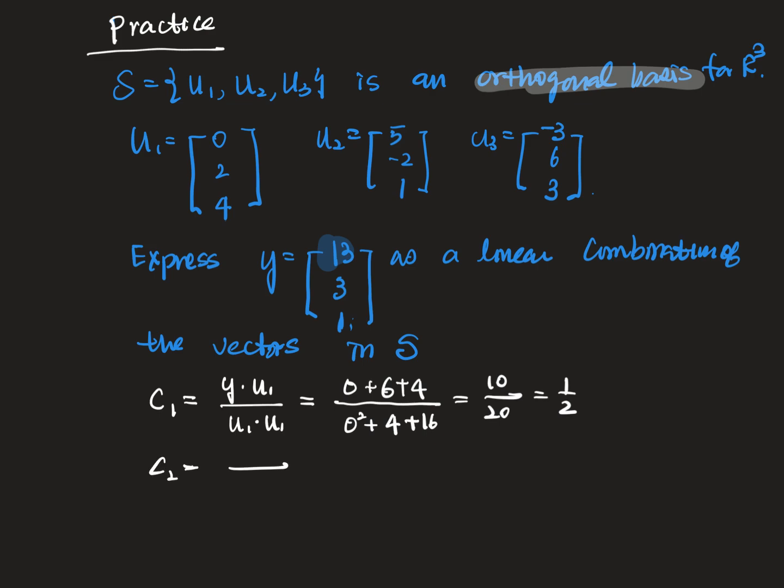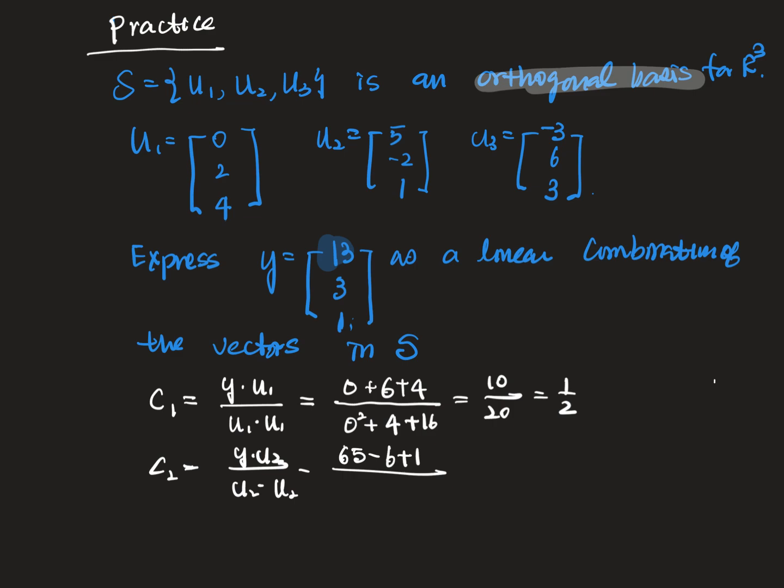C2 is y inner product u2 over u2 inner product u2. The y inner product u2 is 13 times 5, which is 65, then 3 times negative 2, negative 6, plus 1.